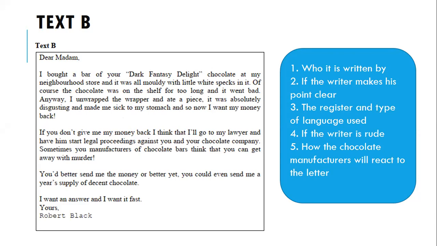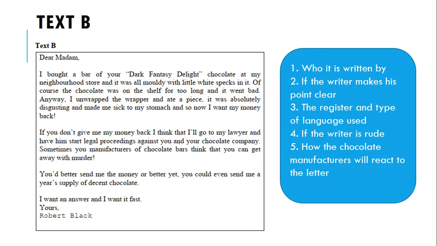Okay, paragraph 2. If you don't give me my money back, I think that I'll go to my lawyer and have him start legal proceedings against you and your chocolate company. Wow, to sue someone, to claim.